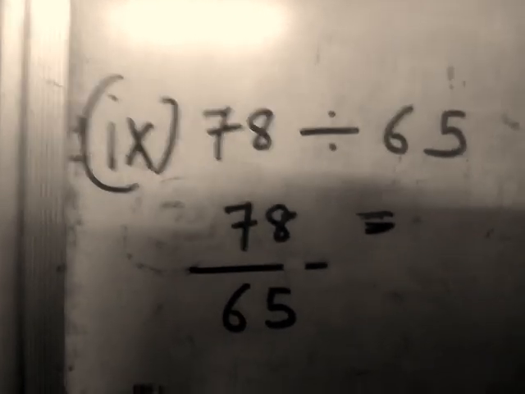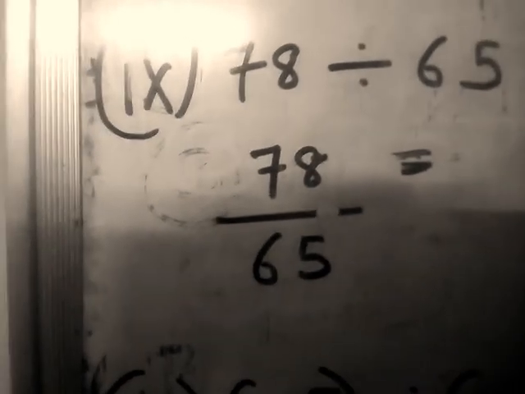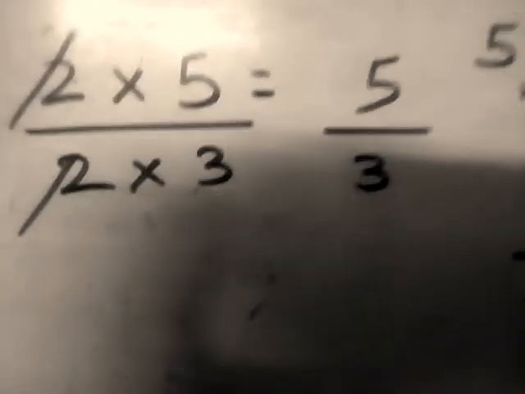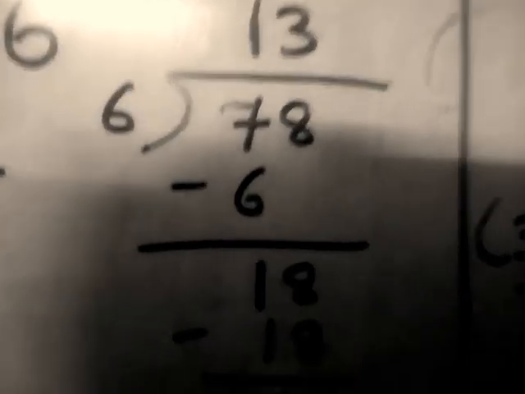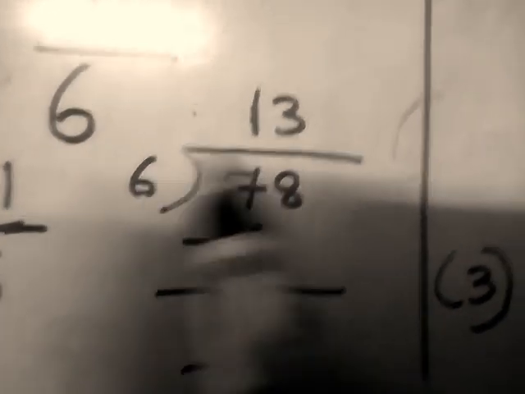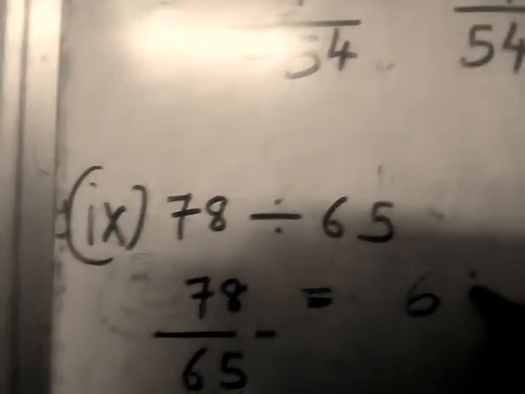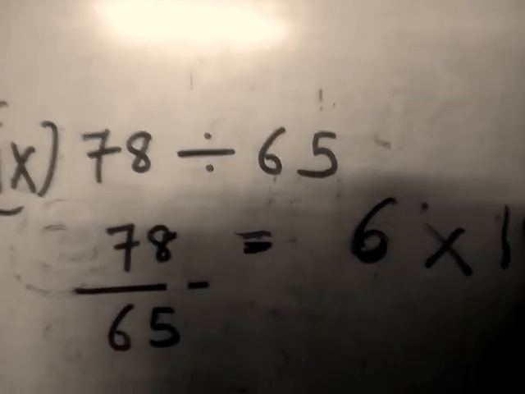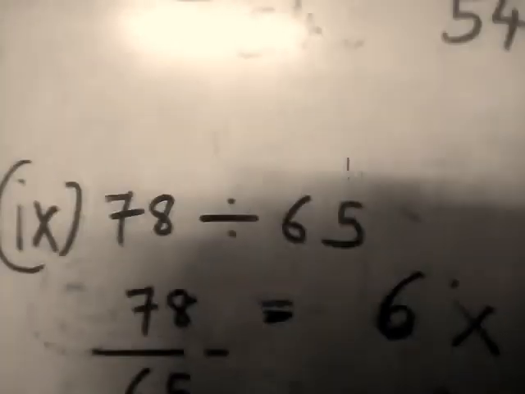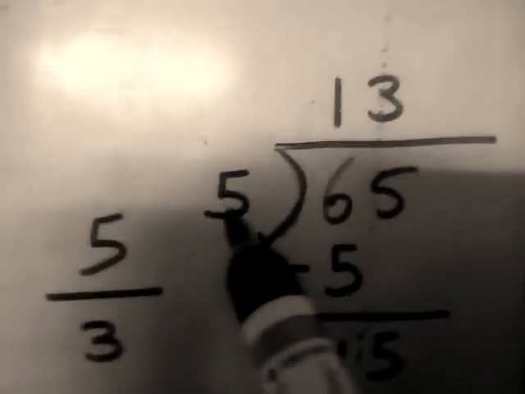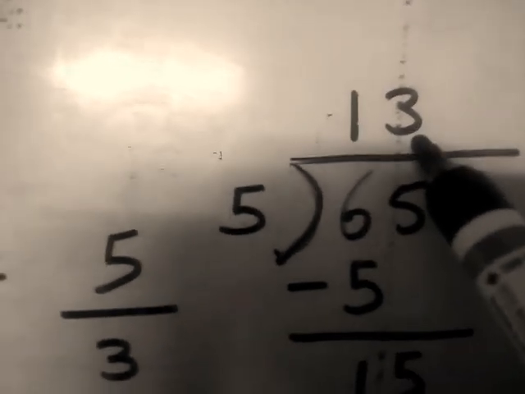So now you have to write in multiplication form. Look over here. You have to take 6 into 13. First one, numerator 78 is there. So you have to take 6 into 13. Upon now 65. You have to write divisor multiplied by quotient when you write multiplication form. 5 multiplied by 13.